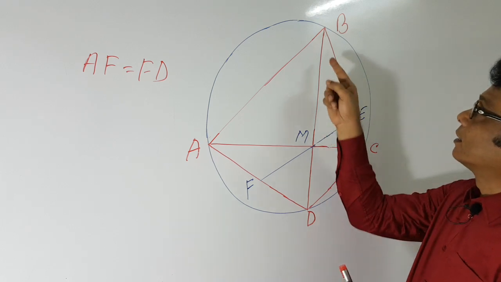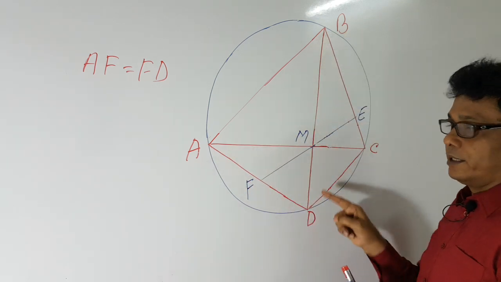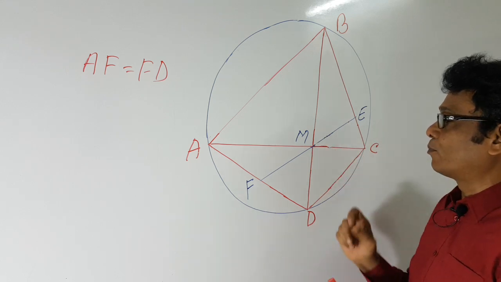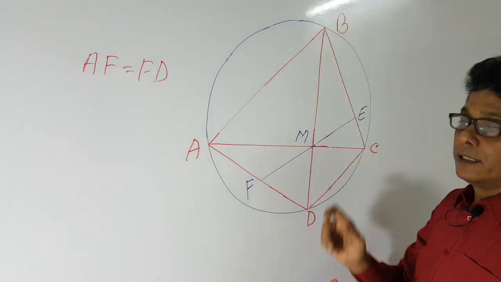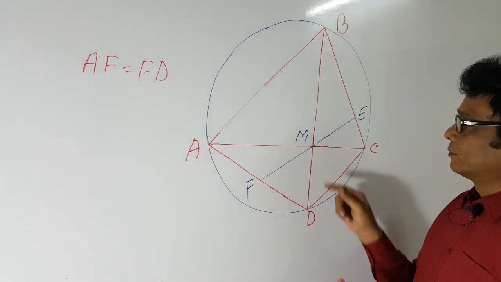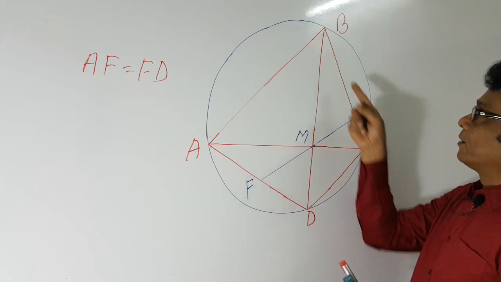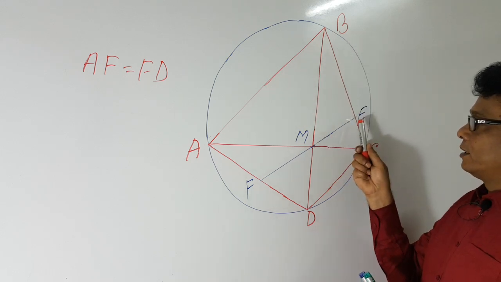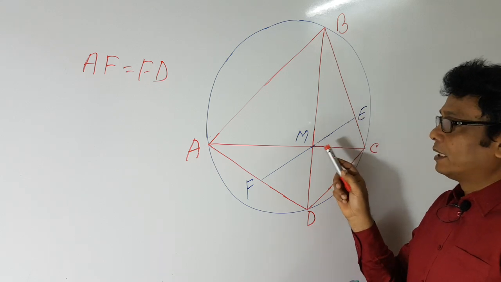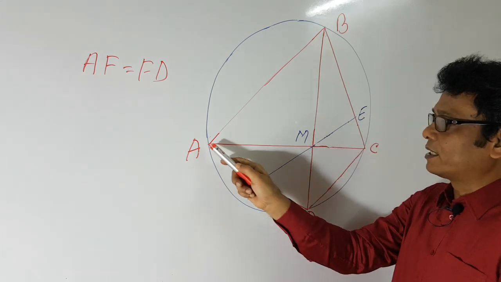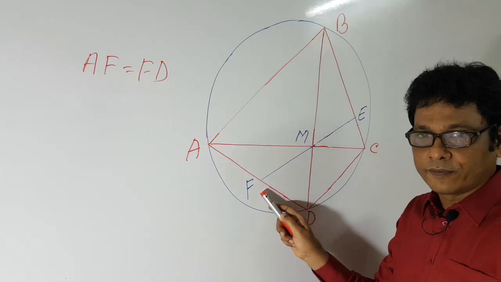Its two diagonals BD and AC intersect each other at M perpendicularly. That means angle AMB equals 90 degrees. ME is perpendicular to BC. We extend EM, and the extended EM intersects AD at F.